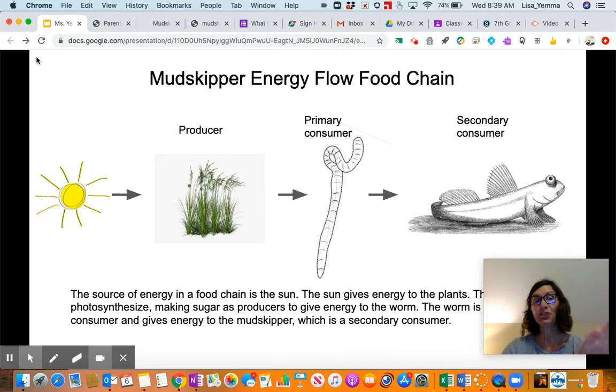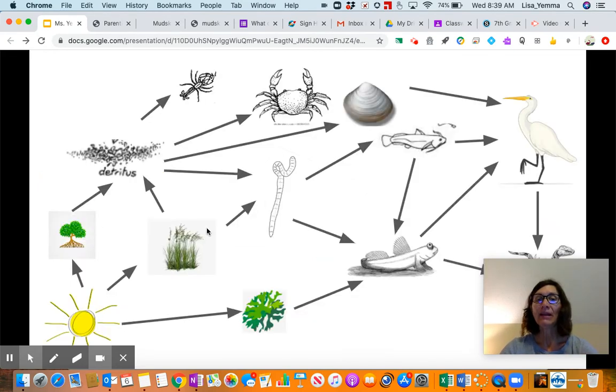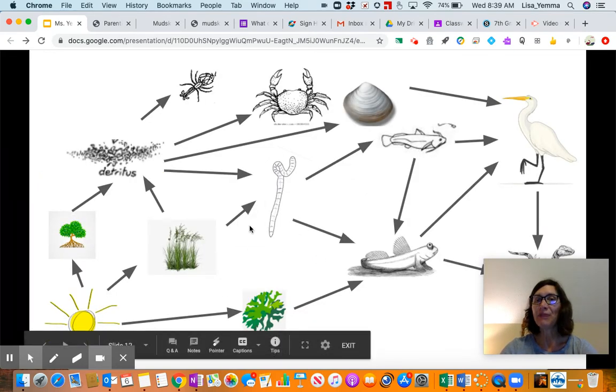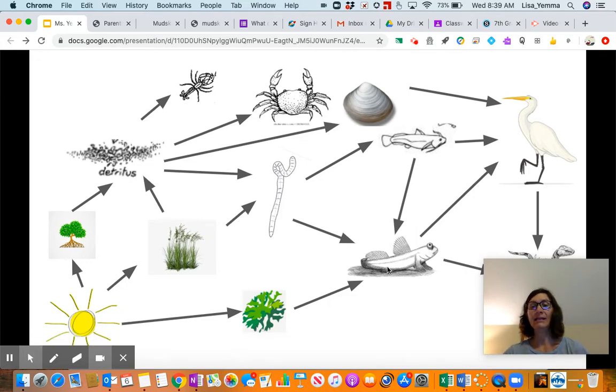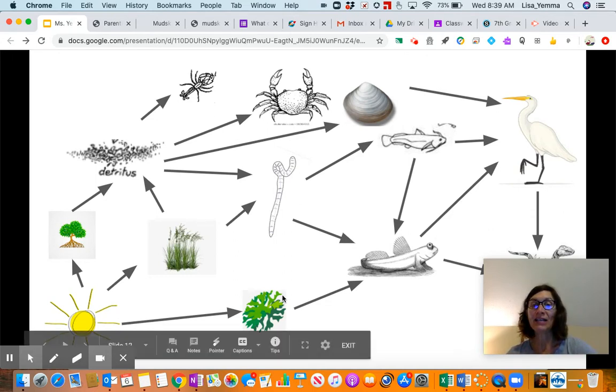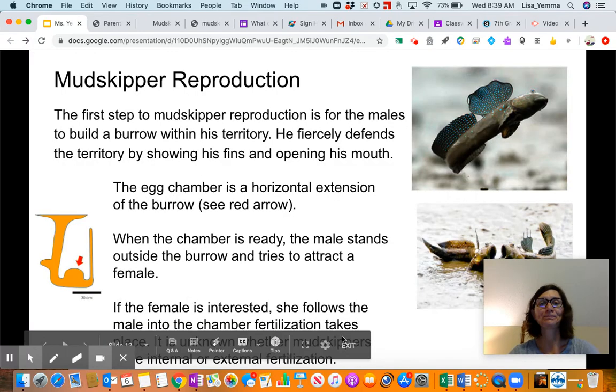I kept my chain the same, but I actually added algae down here to my food web because this Mudskipper might not eat algae in the ecosystem, but Mudskippers can. And over time we've said, okay, we're studying this specific species, but we realize that that could be difficult. So we're adding in information. So that Mudskipper could get its energy from algae, worms, small fish, etc.